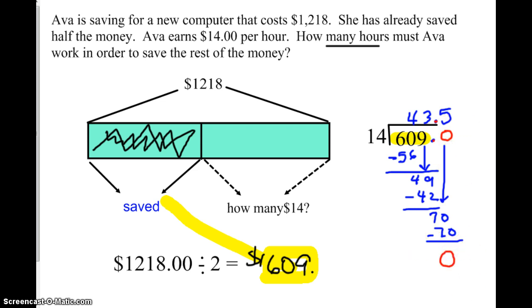We keep adding zeros till there is no remainder. So Ava needs to work 43 and 5/10 hours, or you can say 43 and a half hours, whichever floats your boat. Okay, so that's number 1.